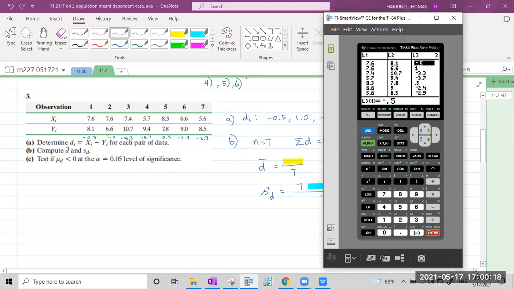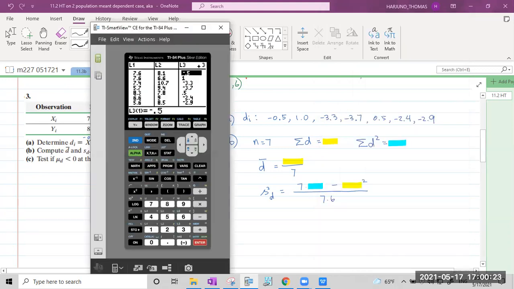Now it fills it up for you. You see that these numbers, negative 0.5, 1.0, negative 3.3, negative 3.7, 0.5, negative 2.4, negative 2.9, are the same, in the same order, in fact.